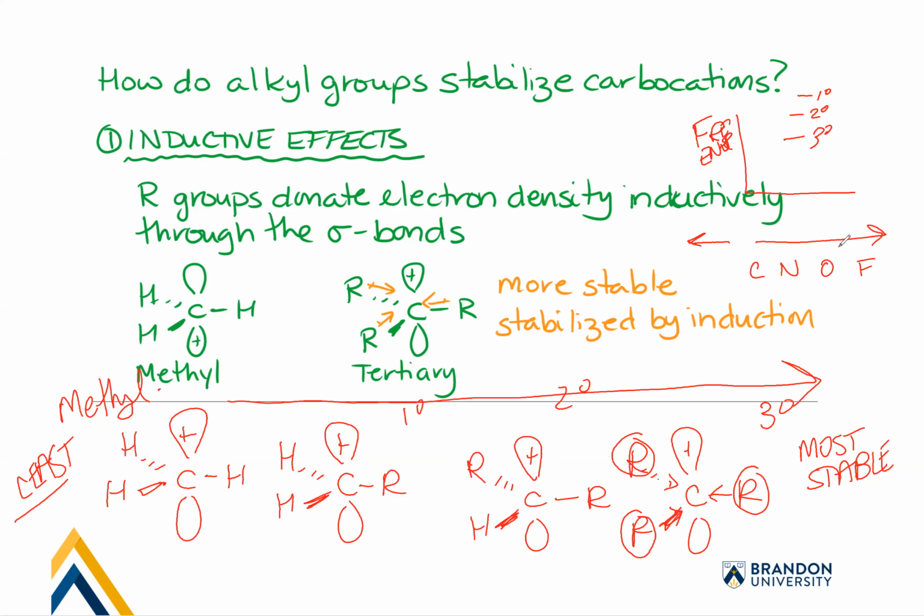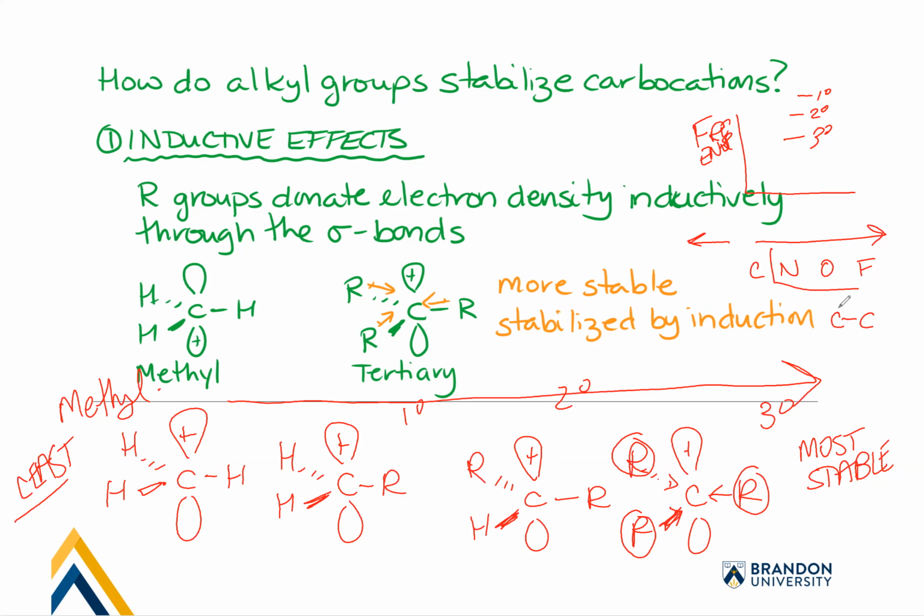Carbon, if it's bonded to most other atoms like nitrogen, all of these, that's all going to be a tug of war of electron density. They're going to be pulling. But when a carbon's bonded to a carbon, the electronegativity difference is less, right?